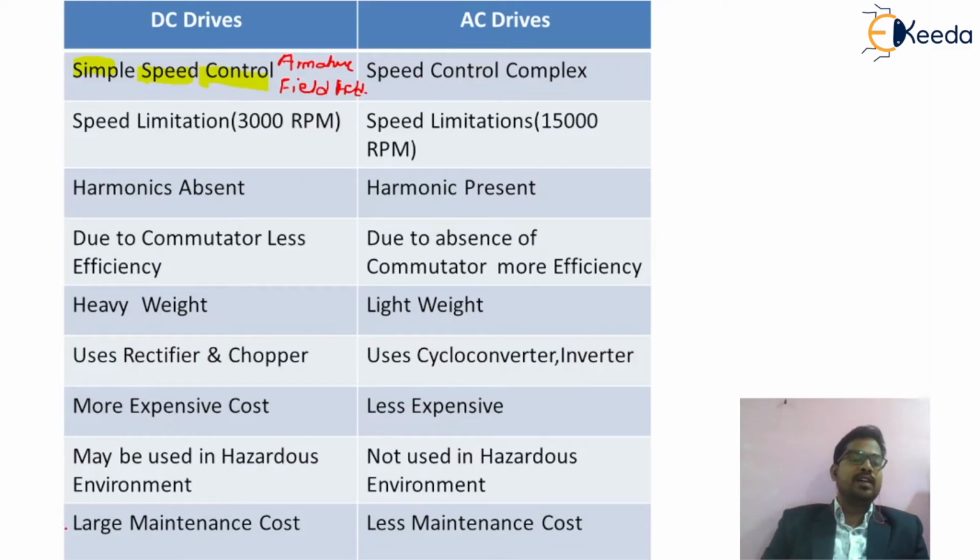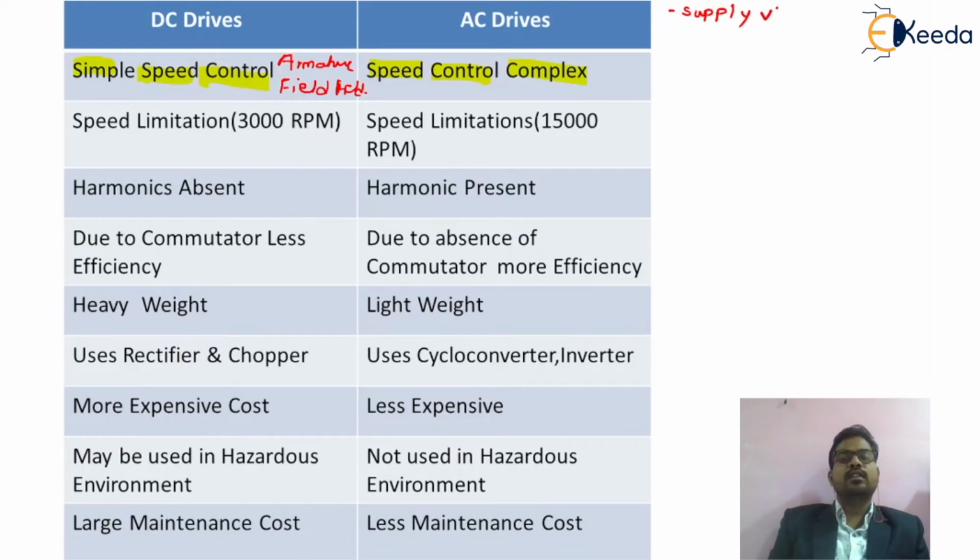Why is the speed control quite complex? Because the speed control methods of the AC drives are different. Basically there are n number of types of speed control methods. The first speed control method for the AC drive is the supply voltage speed control.